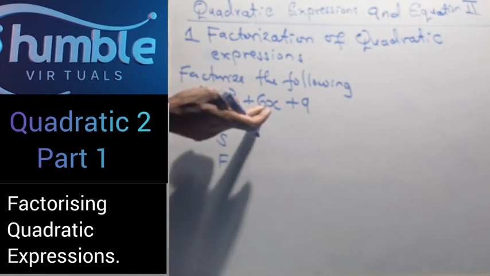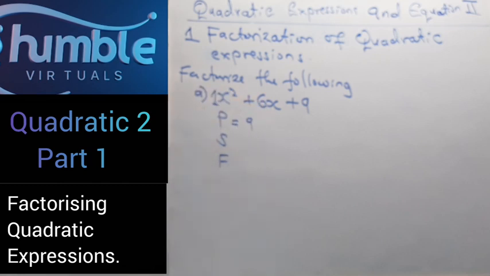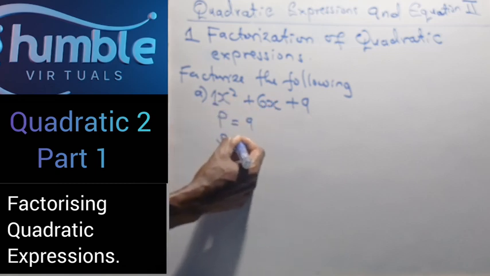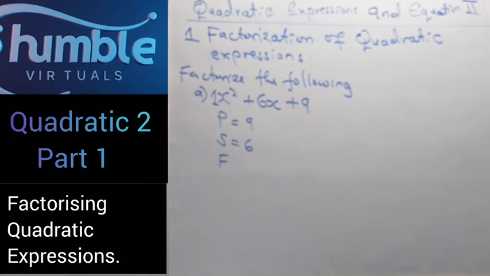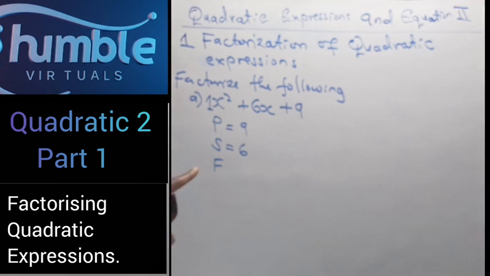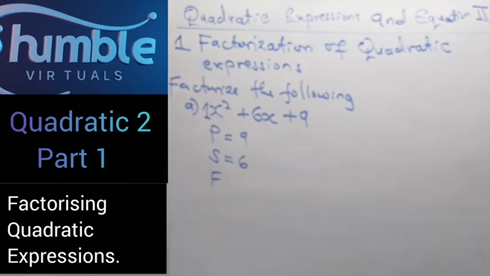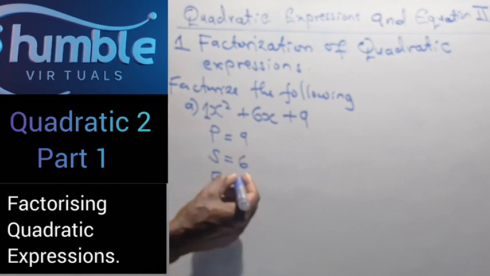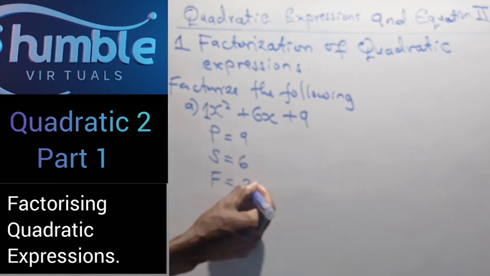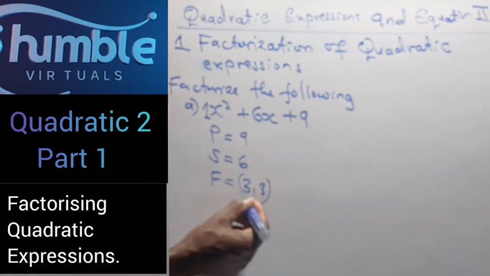Sum is the constant containing x to the power 1, x without any power. So that is going to be 6. And then we look for numbers which, when you multiply, give you 9, and when you add, give you 6. So these factors are going to be 3 and 3.